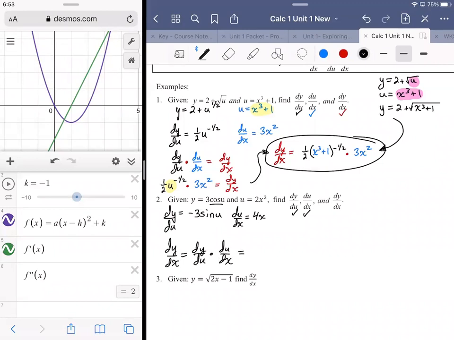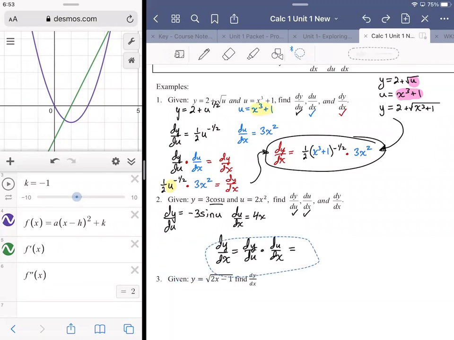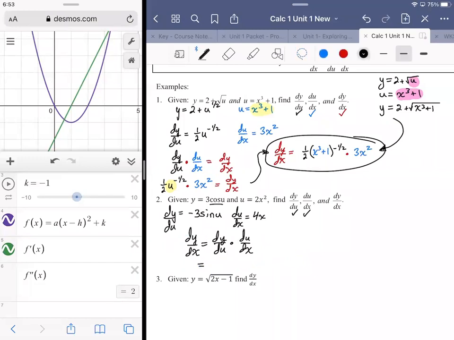So then multiply the corresponding expressions, because all I'm really doing is replacing. I'll actually write it underneath. It looks a little nicer that way. I'm replacing dy du with what I know it's equivalent to, negative 3 sine u. And I'm replacing du dx with what I know it's equivalent to, which is 4x.